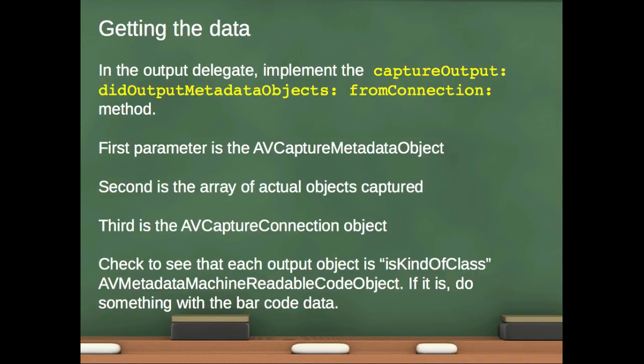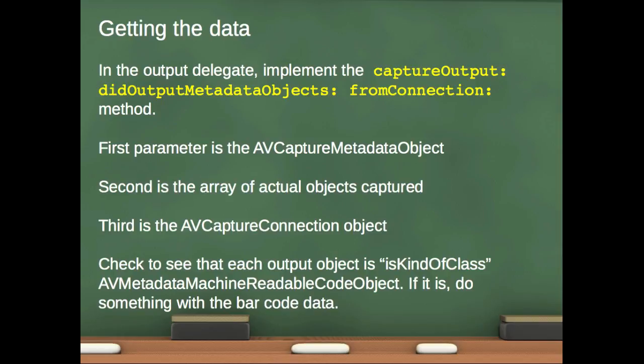So now, how do we get that data back? Well, in the delegate that we set up, the AV Capture delegate, we want to implement captureOutput:didOutputMetadataObjects:fromConnection. The output we get in this delegate is the AV Capture metadata output object. The second, the metadata objects, is the array of the actually captured objects, so we may have more than one here.